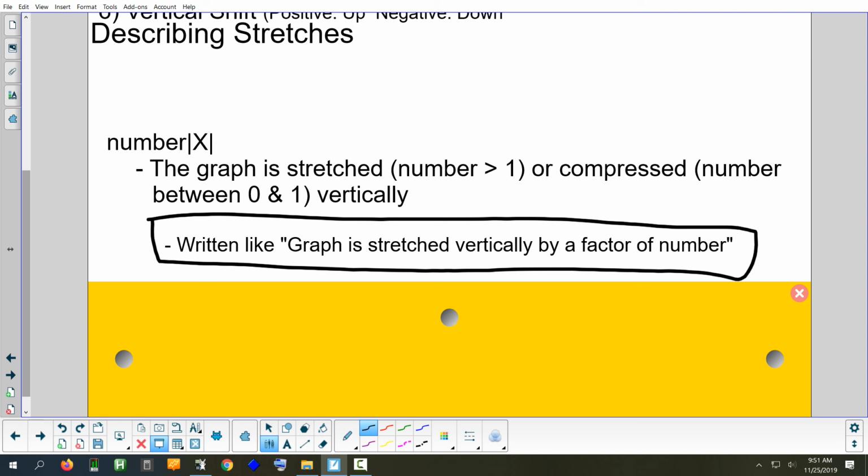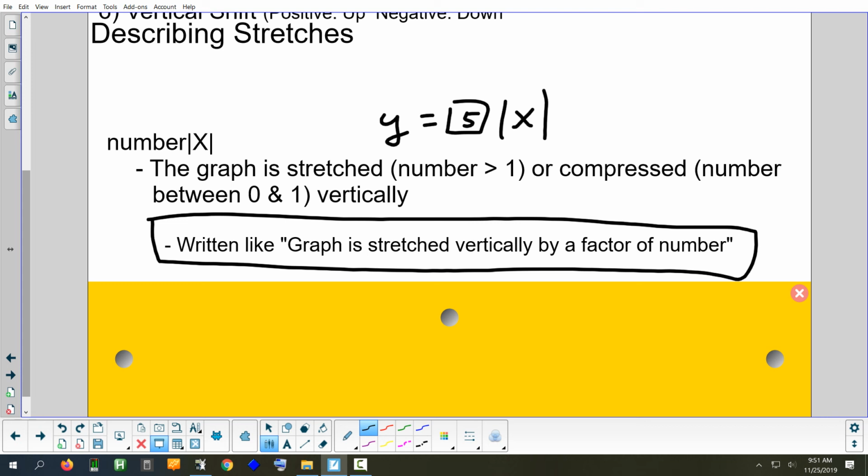So if you put a number in that box that's bigger than 1, like this, a 5, what that would do is it's going to cause your graph to basically get 5 times as tall. Think about if somebody stretched you out vertically. You'd get taller, right? You'd get taller and you'd get skinnier.